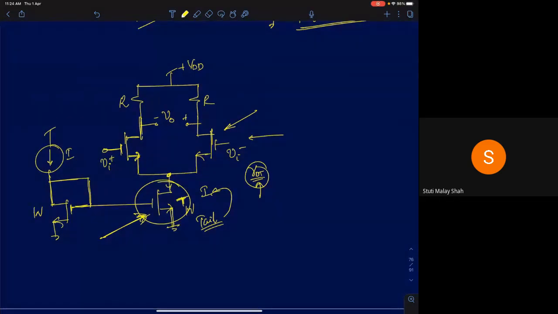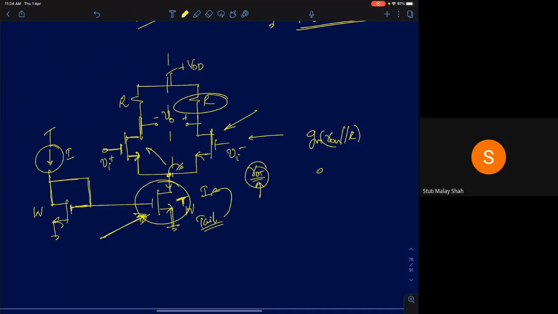For differential gain, this node will come to AC ground. For differential, it doesn't matter whether you have a resistor or not. This lies along the axis of symmetry, so that node will come to AC ground. Because it comes to AC ground, the gain will be gm times r_o of N in parallel with R, the upper resistor here.